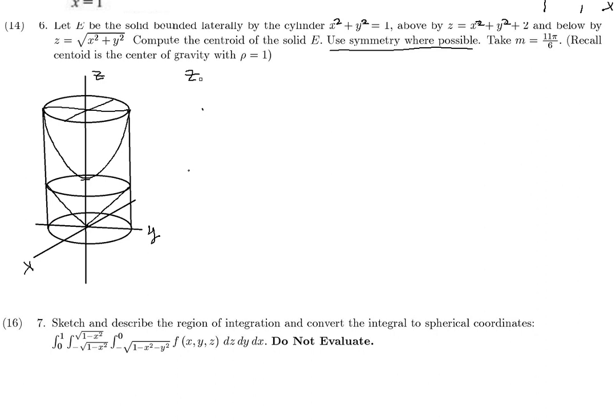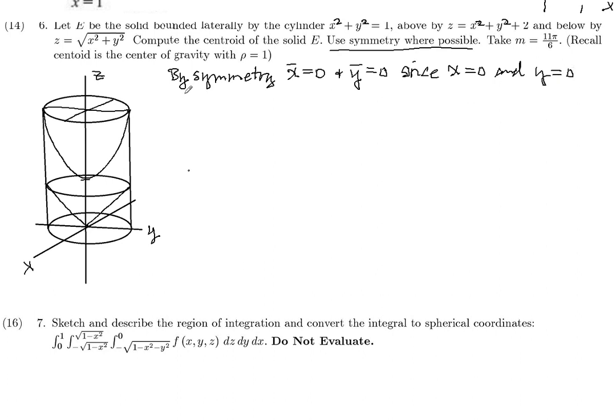So notice first of all, since those are planes of symmetry, the centroid has got to lie on those planes. So by symmetry, x bar equals 0 and y bar equals 0, since x equals 0, that's the YZ plane, and y equals 0, the XZ plane, are planes of symmetry.